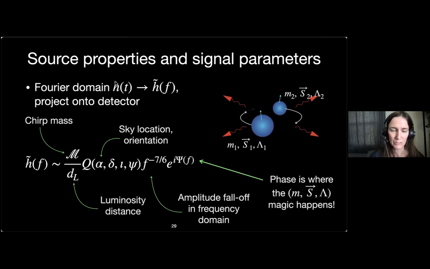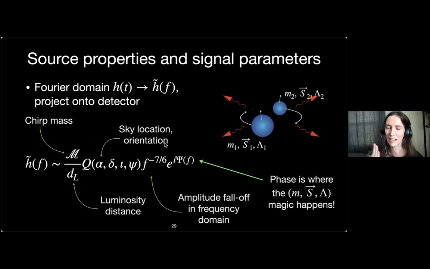So the first thing we're going to do is take our model for the strain as a function of time, that chirp pattern, convert it to the Fourier domain, and project it onto the sensitivity of the detector we're considering. The result has an overall scale that's proportional to the chirp mass, inversely proportional to the distance to the source, has an amplitude scaling that comes from the sky location and the orientation of the binary, and has an amplitude fall off in the frequency domain.